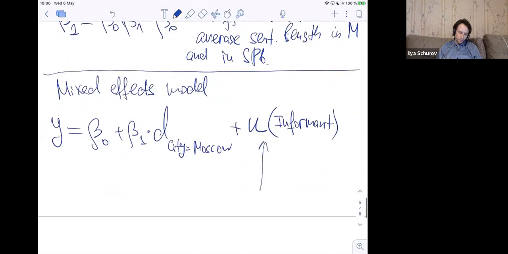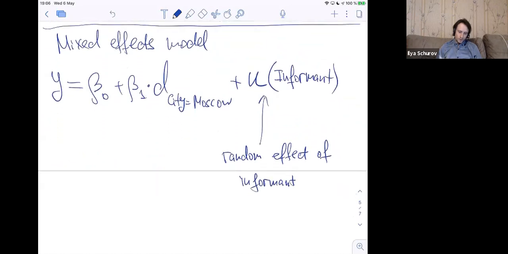So this u is called a random effect of the informant. So we basically say something like the following. Our idea is that this y is determined not only by city, but also by some personal properties of a particular informant. So we add this variable here.